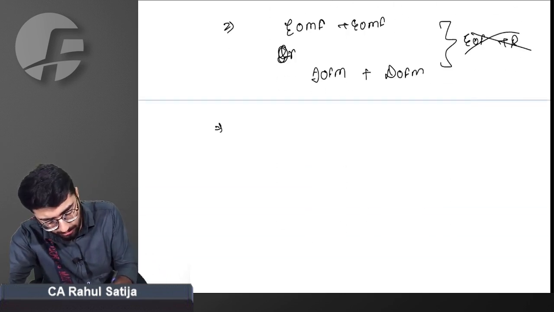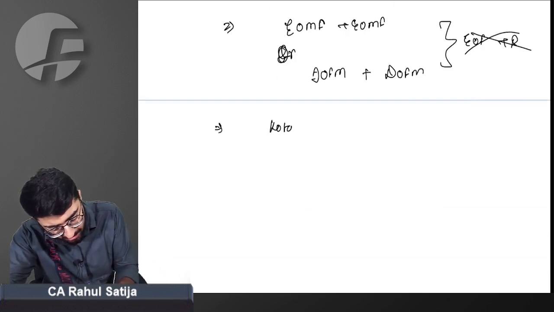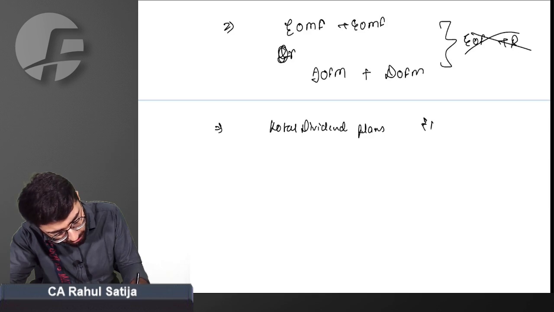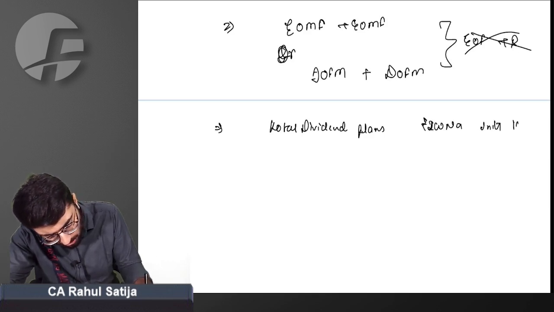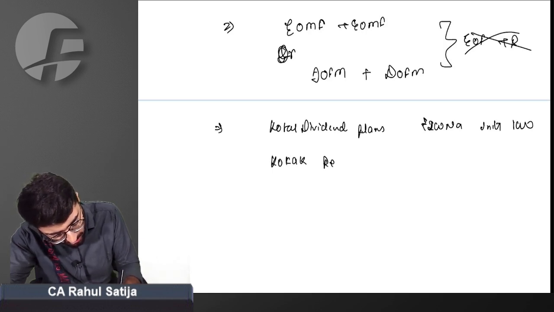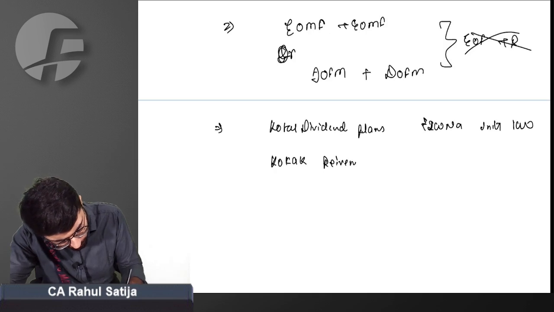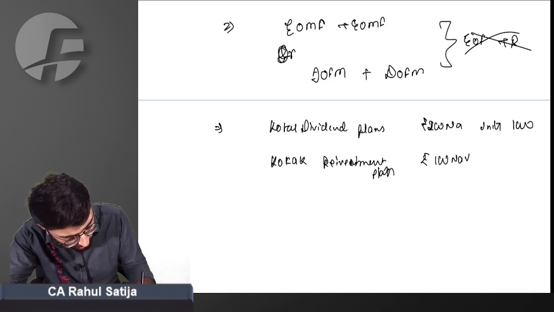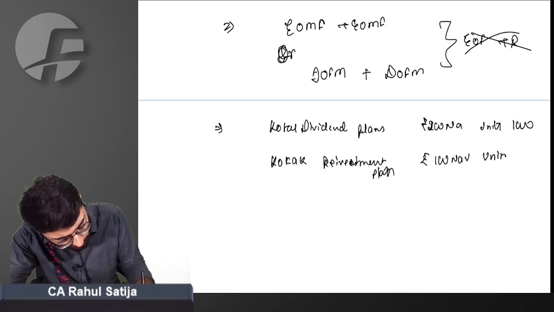Let's understand the second part. For example, Kotak has a dividend plan. Rahul again has rupees 200 NAV, units 1000. Kotak has a reinvestment plan. Again, Rahul has 100 NAV, units 1000.